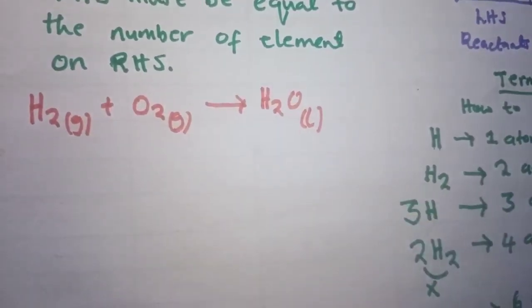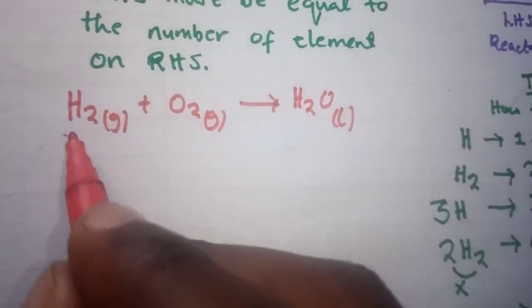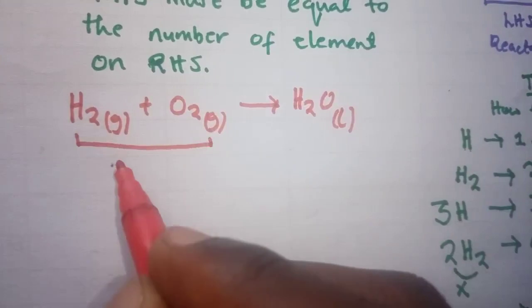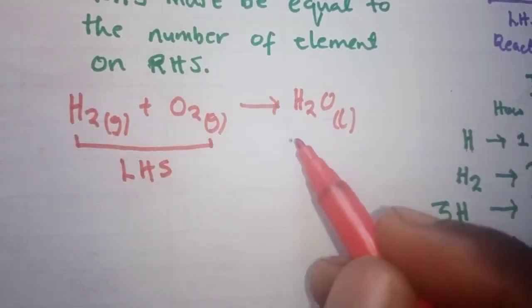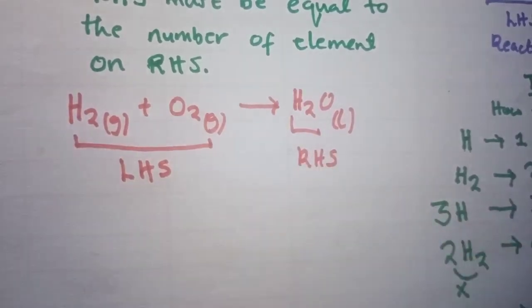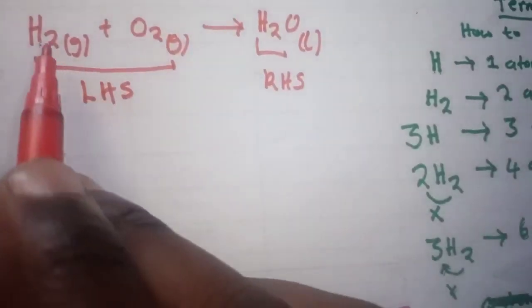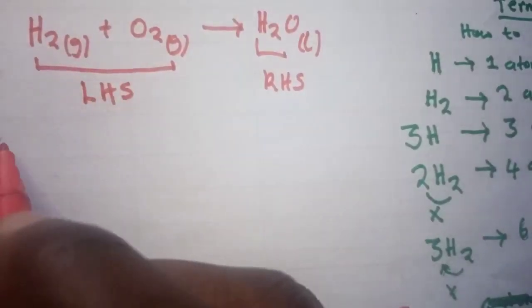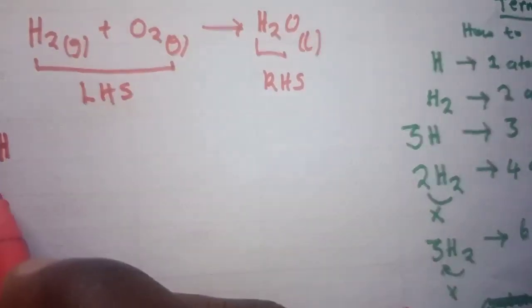If you want to balance this equation, first take note that this is your left hand side and this is your right hand side. You first list your elements: you have hydrogen and oxygen.